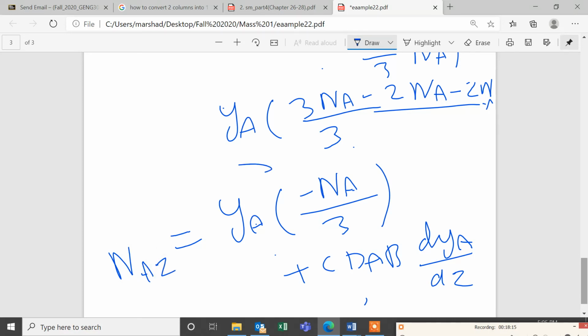So take this to one side, simplify it, and integrate it. Boundary conditions are the same. Okay, so I leave this part for you. I hope this will help. Thank you.